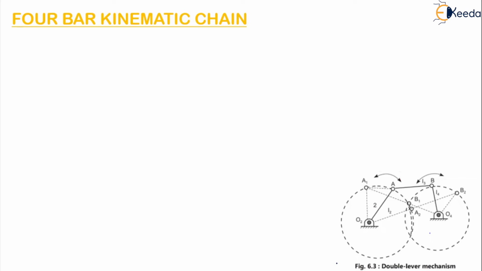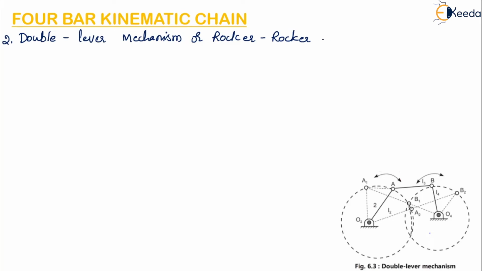The next type of mechanism is the double lever mechanism, or it can also be called the double rocker mechanism. Here there is no crank observed. There are two rockers instead.